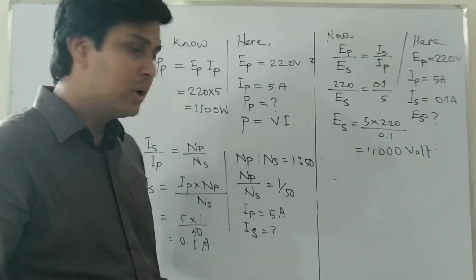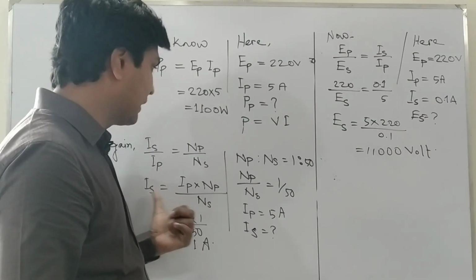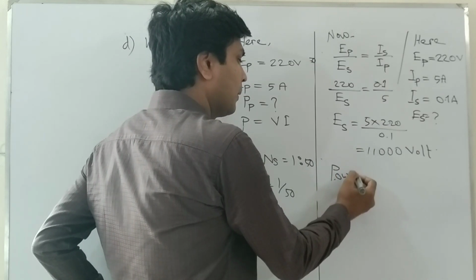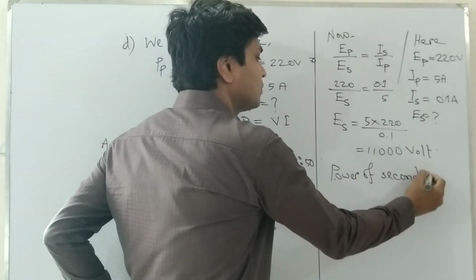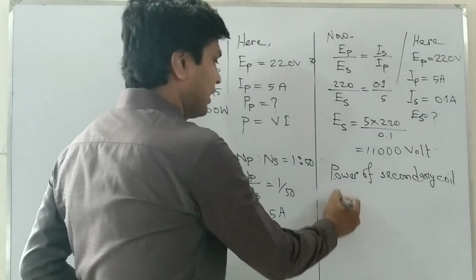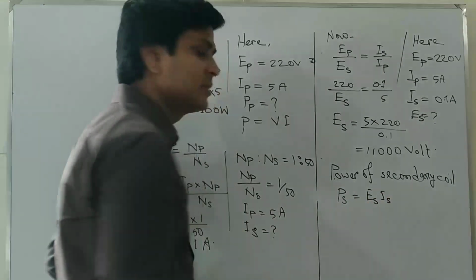Now we can calculate the power by using the two quantities IS and ES. So the power of the secondary coil PS will be ES into IS.